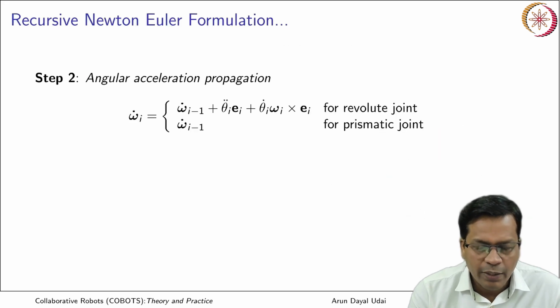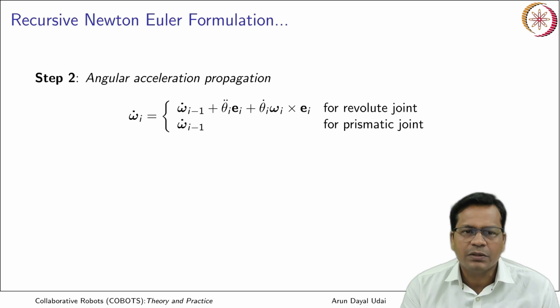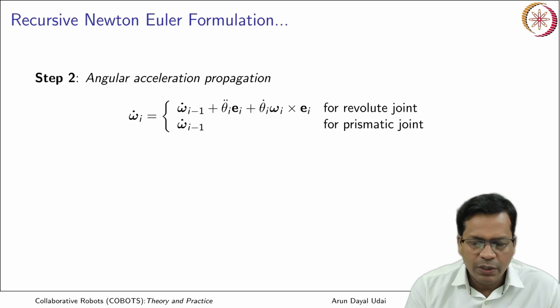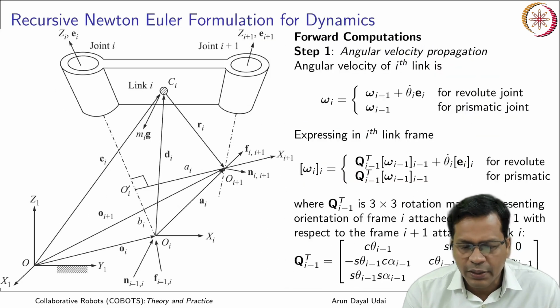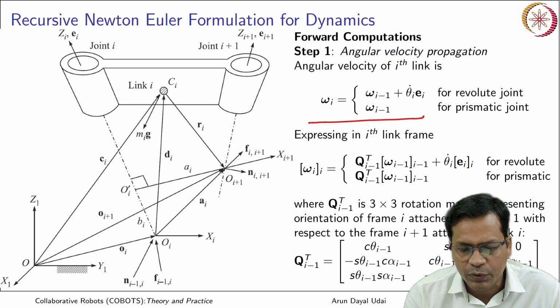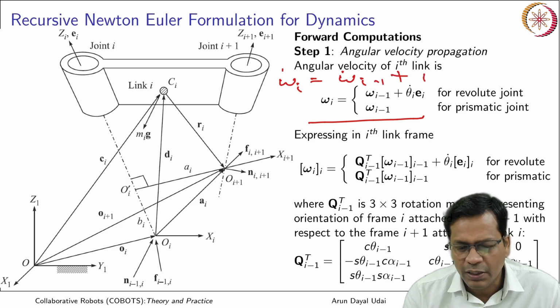So now angular acceleration propagation, you don't need to do much, you just take the derivative of this. So what you should be getting, if you take the derivative, omega i dot is equal to omega i minus 1 dot plus theta i double dot Ei, and plus theta i dot, what will be the Ei dot?